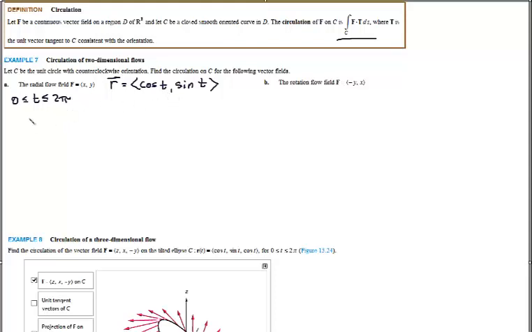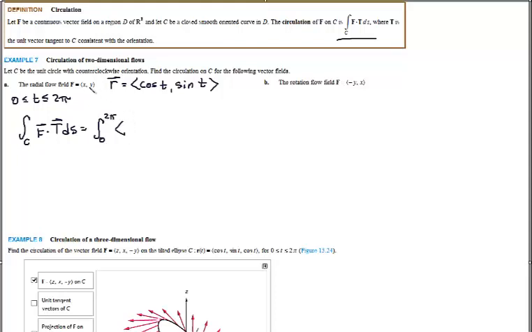So what we are going to do is compute our integral here. So let's write it down. F dot product T ds, and let's see what we can plop down in here. This goes from 0 to 2 pi.